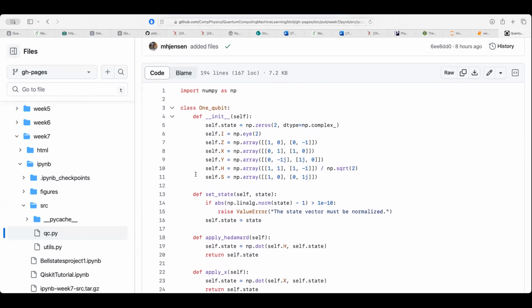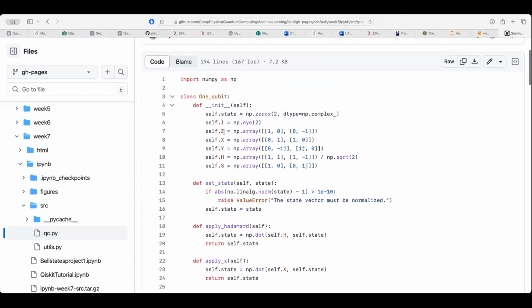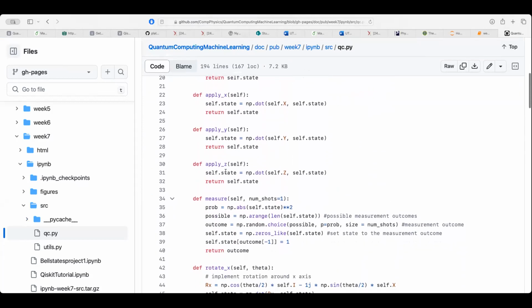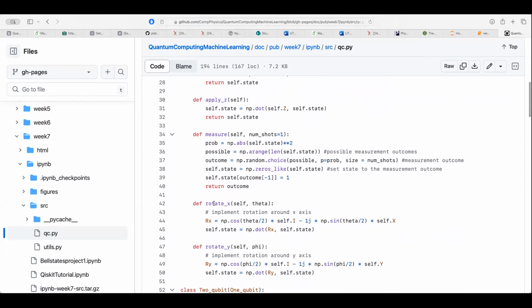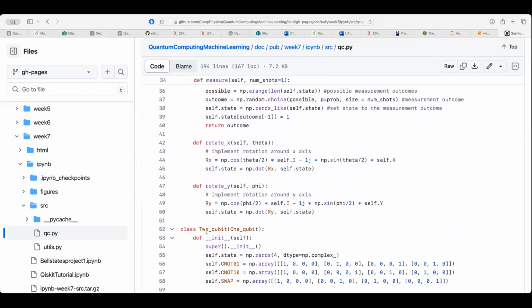You set the state, initialize things, and set up the different Pauli matrices, Hadamard, this phase matrix, etc. So you find all these quantities. There is a measure function where we actually perform a measurement in the 0-1 qubit basis. There's a rotation here. These are utility functions. There's a similar one for the 2-qubit class and for the 4-qubit class, which you need for the project. So whether you use Hunt's book or you feel inspired by this, just use them. Hopefully they can serve as an inspiration for what you want to do.